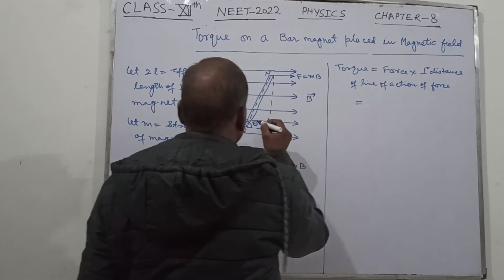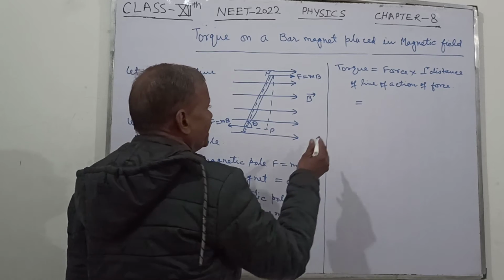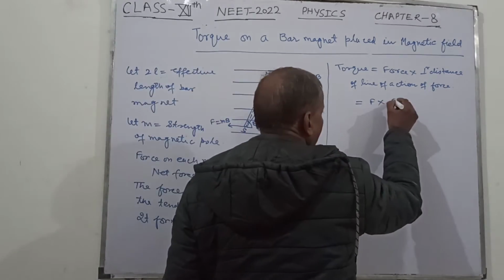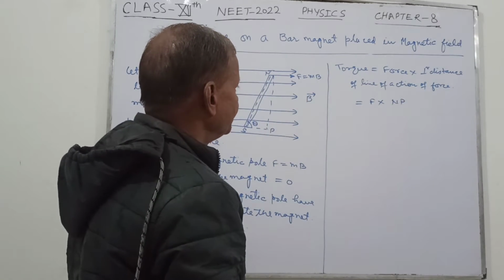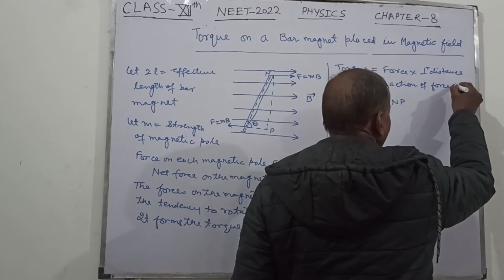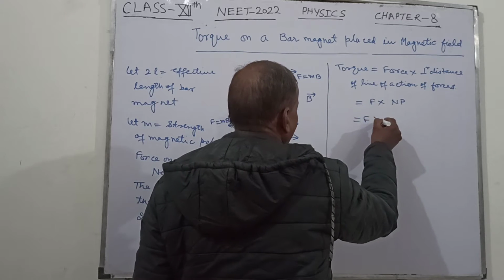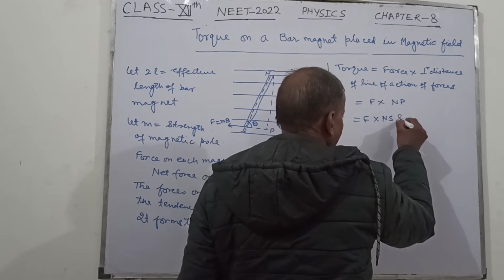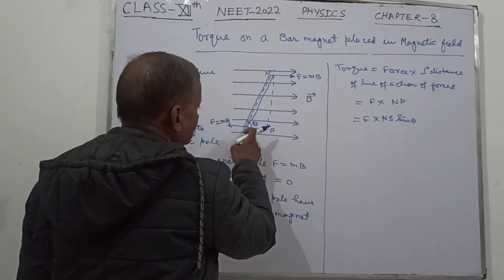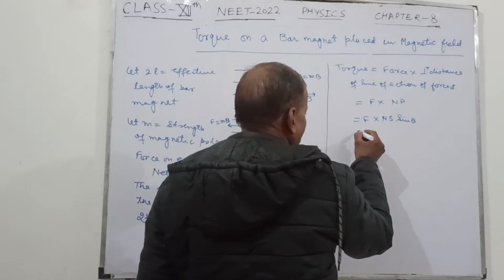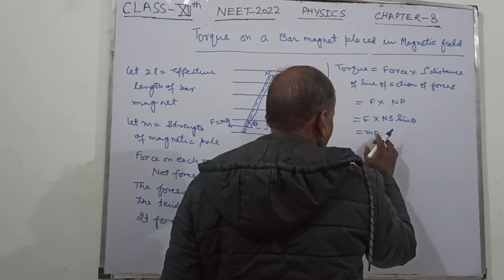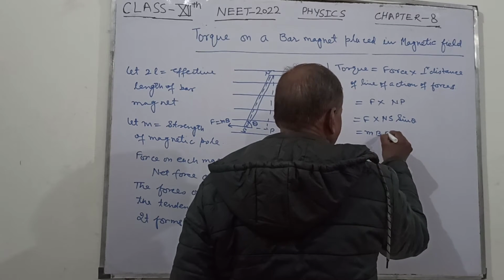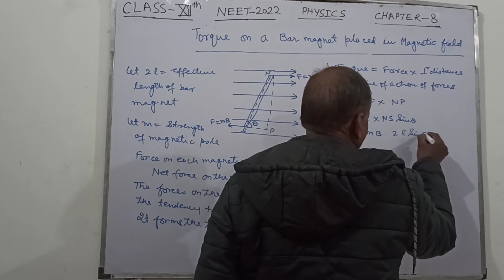Let this point be P. So this is now force F into the perpendicular distance between these two forces, which is NP. So this is equal to F into NP.